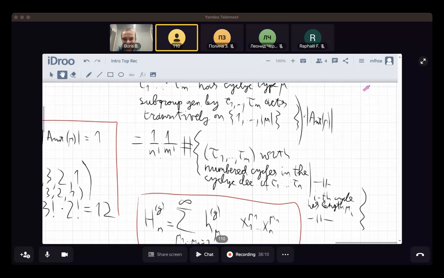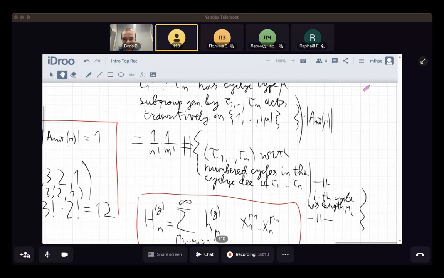So we said that the Hurwitz number was, so we said that we consider the Riemann surfaces of genus G. And we wanted to count coverings of the Riemann sphere.